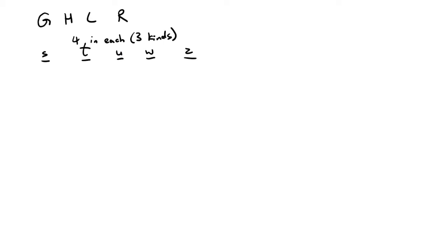Now, that means that you are going to have a double and 2 singles in each group, right? Because if you have to have 4 flowers but only 3 kinds of flowers, it means one of those 3 kinds has to be doubled in order to get the 4 flowers. So for example, you might have 2 G's, 1 H, and 1 R in a group, or 2 L's, 1 H, 1 G, or something like that, right? That's going to be what every group looks like.